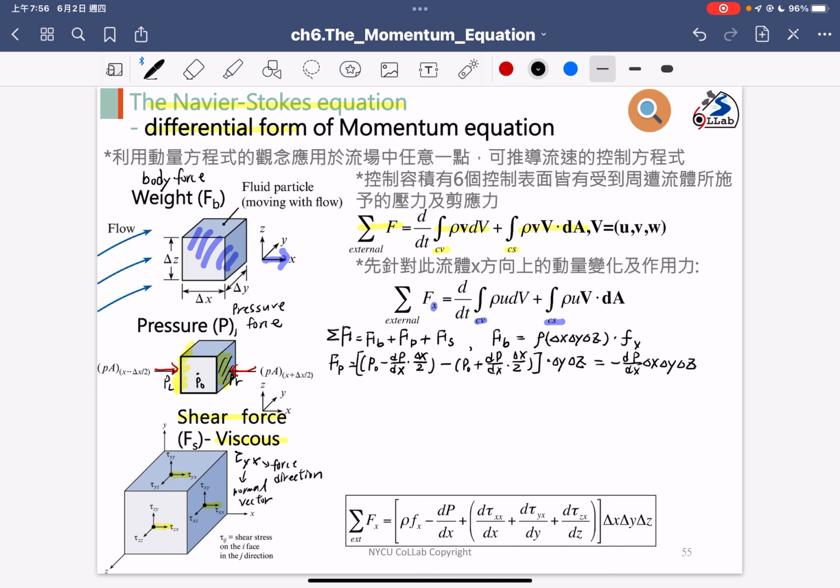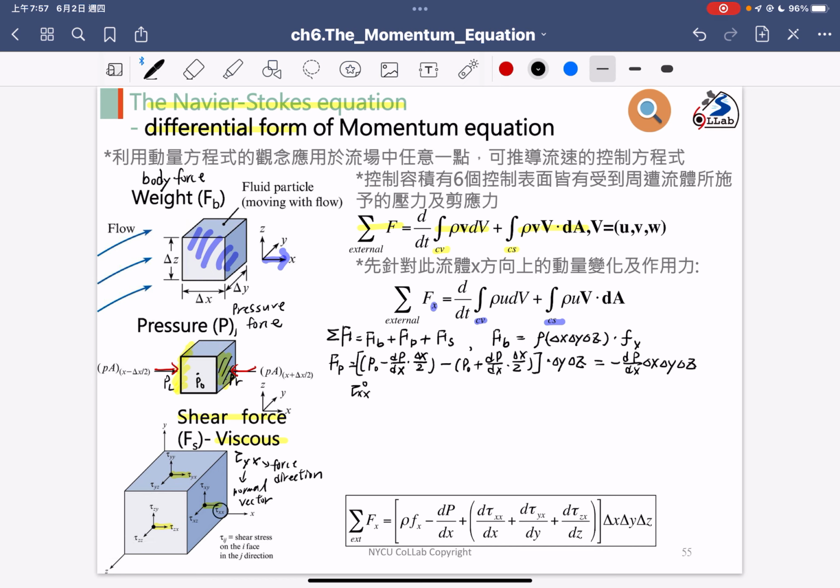Again we can consider tau x, where the center shear stress is tau x0.